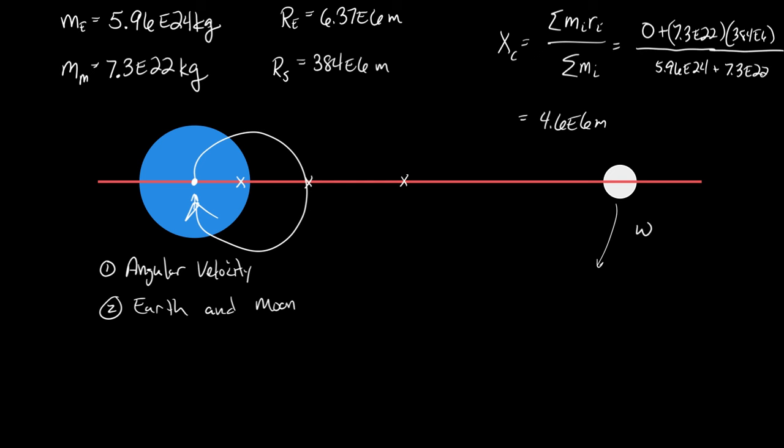They both have their own value for V, but they have the same value for T. Again, they both have their own value for V. They're traveling at different velocities. The Moon is clearly traveling faster than the Earth because the Moon is traveling in a much bigger circle than the Earth is traveling. But they have one angular speed. In fact, V equals omega times R still works here.